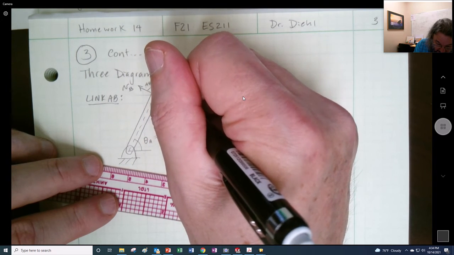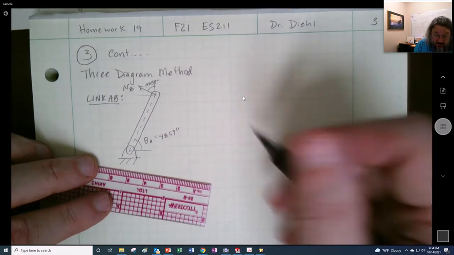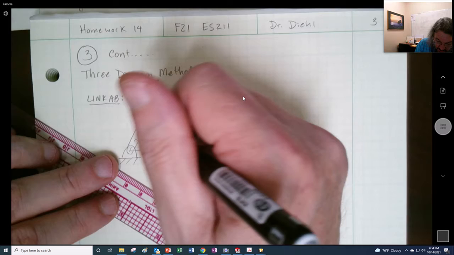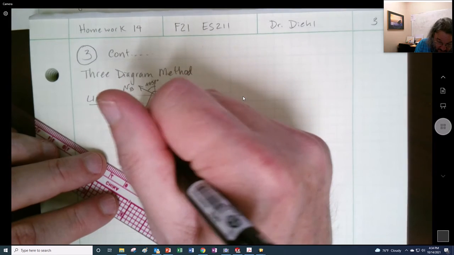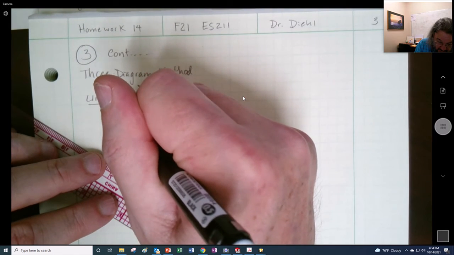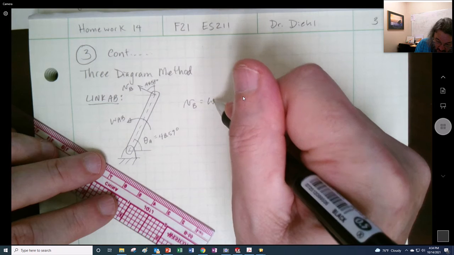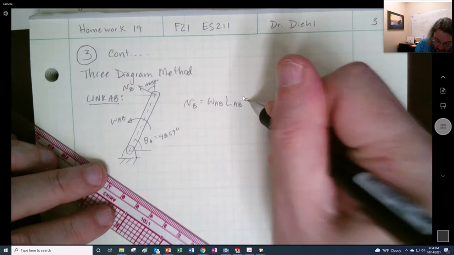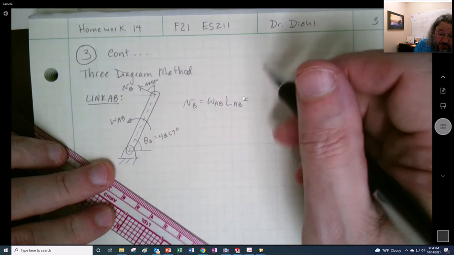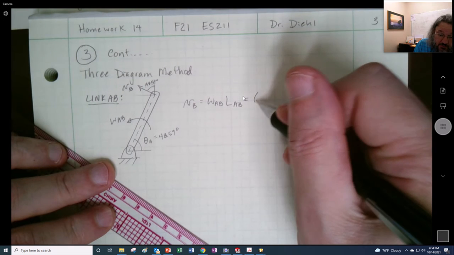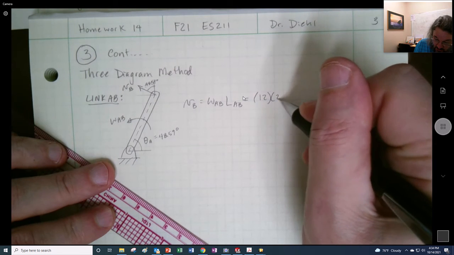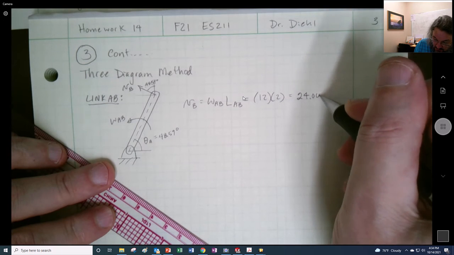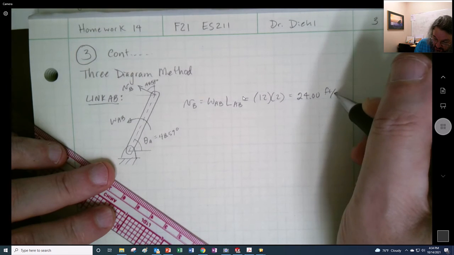So the velocity of B is going to be omega AB times the length of AB, which is 2 feet. So that was 12 times 2 equals 24. And these are feet per second.